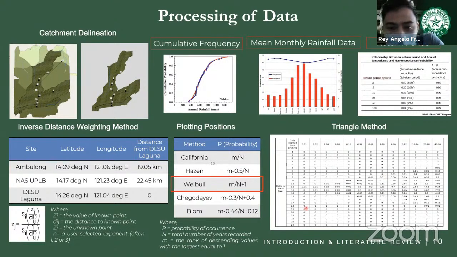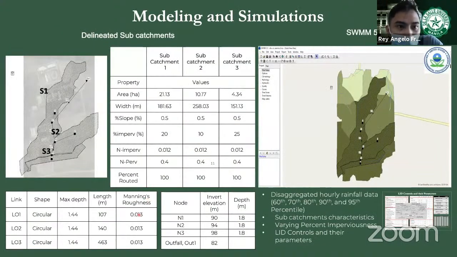Since we do not have a localized data, we also use an inverse distance weighting method, and we use the Ambulong and the NAS UPLB to create a single rainfall data, and actually plotted it using Weibull plotting position.